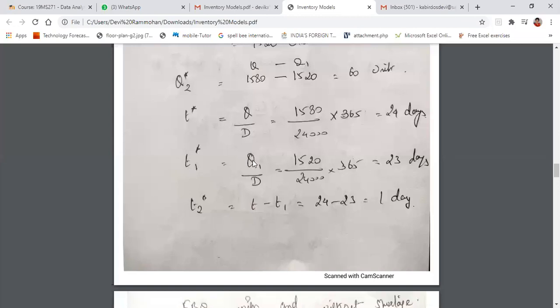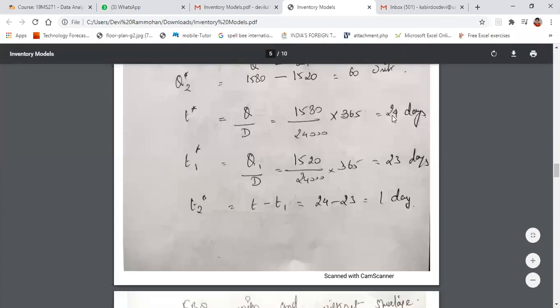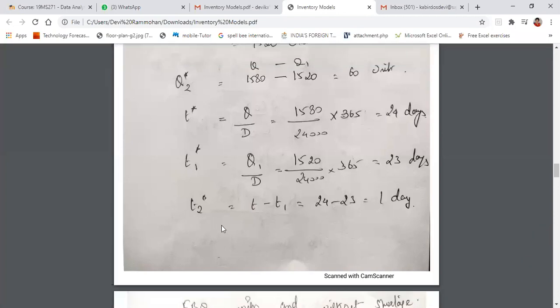Q1 is the maximum inventory, right? Your maximum inventory is 1,520. So for the requirement, if you calculate, 23 days is your maximum inventory period. In the sense, if 24 days is your cycle, for 23 days you can maintain the maximum inventory. Then T2 is the shortage period, which is T minus T1, right?